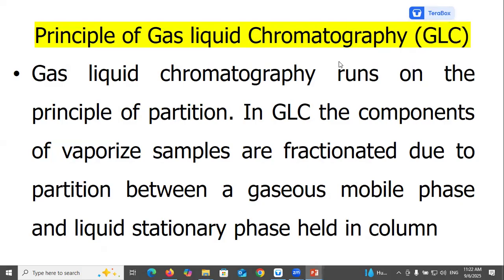Principle of gas liquid chromatography. Gas liquid chromatography runs on the principle of partition.